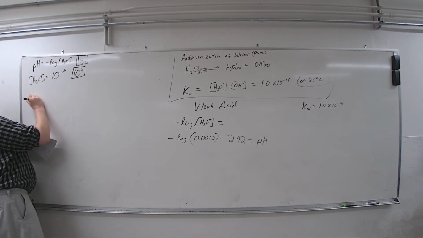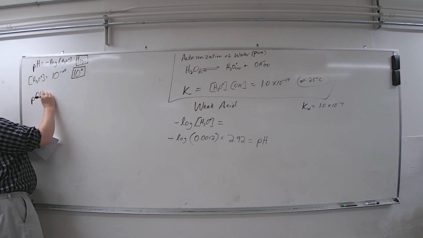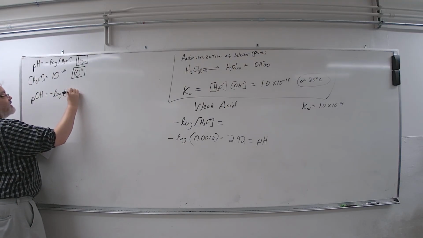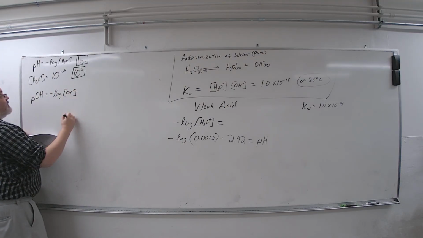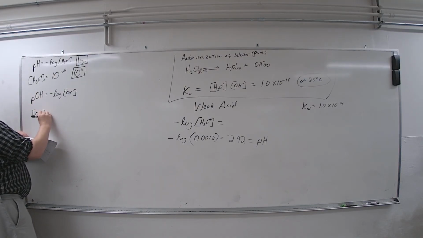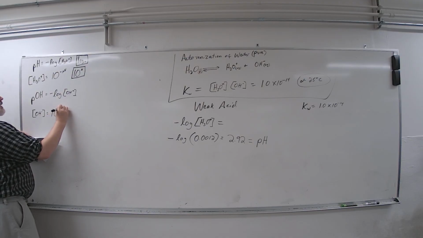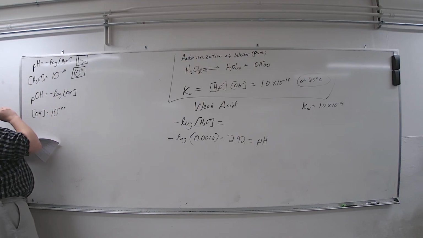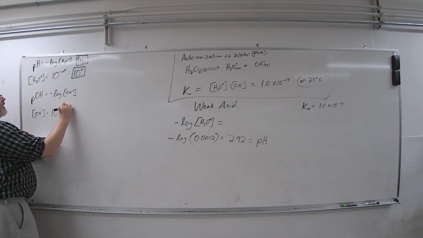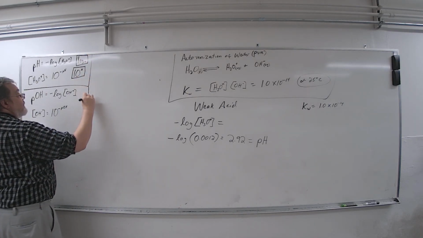But there's also pOH, which is a negative log of OH ion, not used as often.